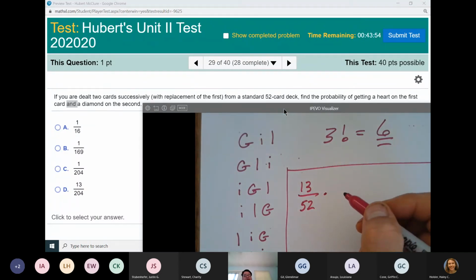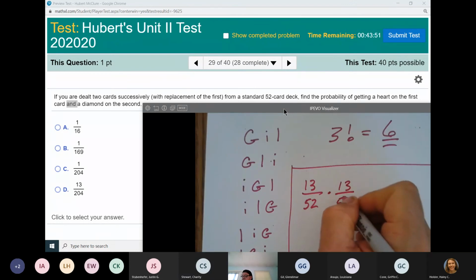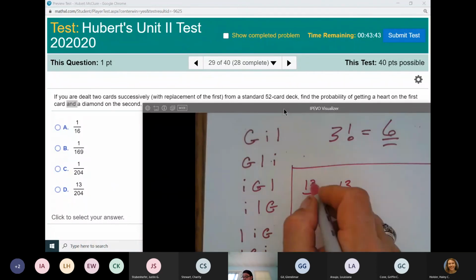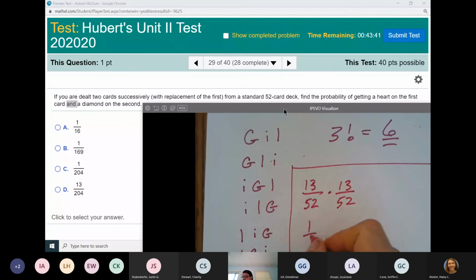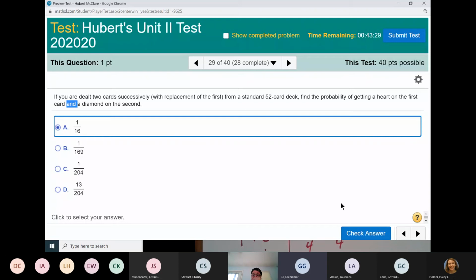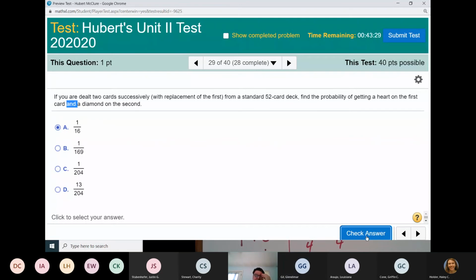So how many diamonds are there? 13. So it's 13 over 52 squared. So you could just do 1/4 times 1/4. And 1/4 times 1/4 is what? 1/16.